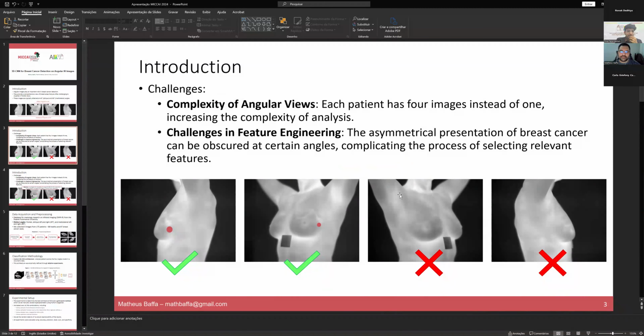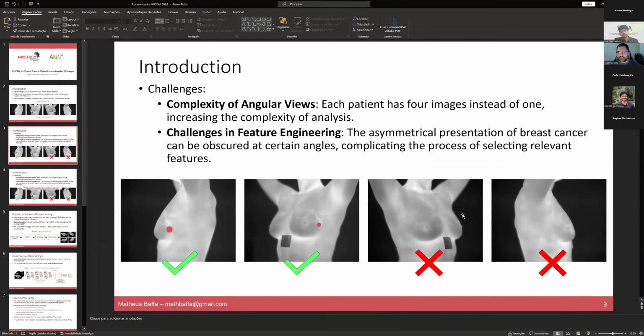Okay. So there are some challenges in analyzing this type of images. First, because we don't have only one image per patient, we have 4. So we have to model all this information to train a network. And there are some challenges involved with feature engineering because it's not easy to just extract features and then select them, because there might be some angles that don't have the disease at all.